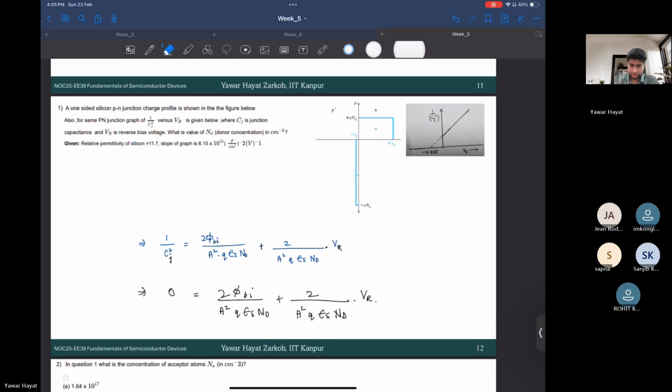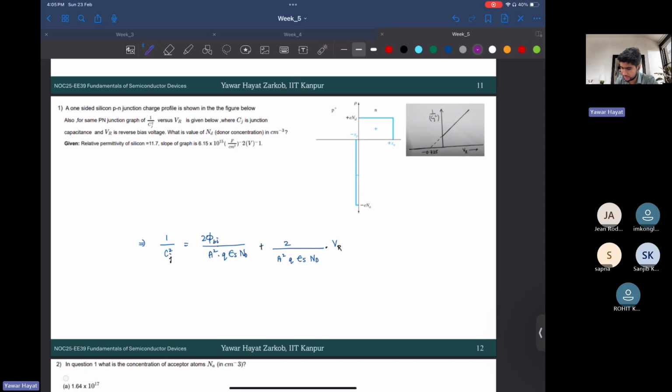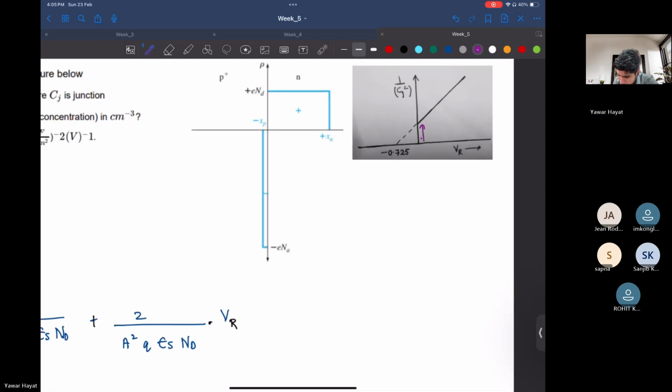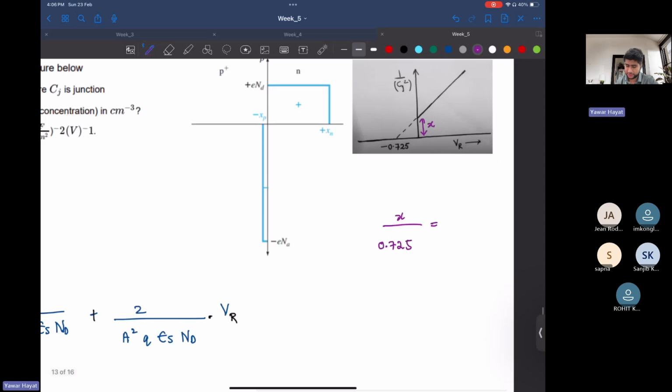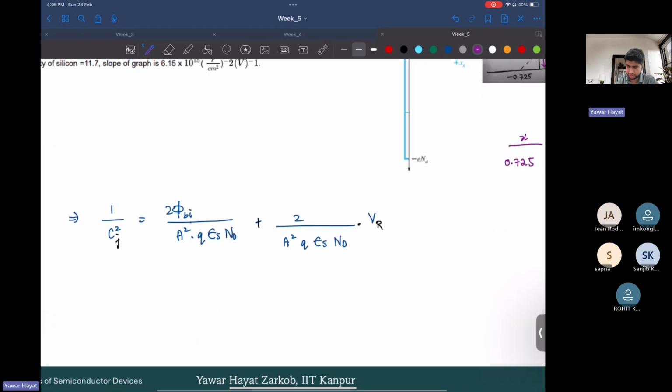Right? We'll do it in an alternative fashion. What about this distance? Let this be x, right? If this is x, then your x by 0.725, sorry, would be equal to your slope, right? And your slope is this.